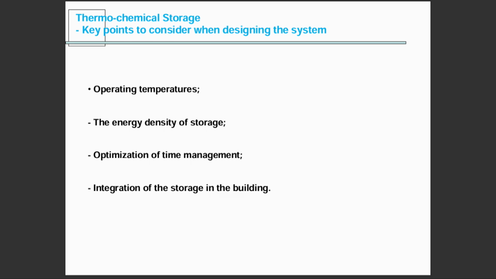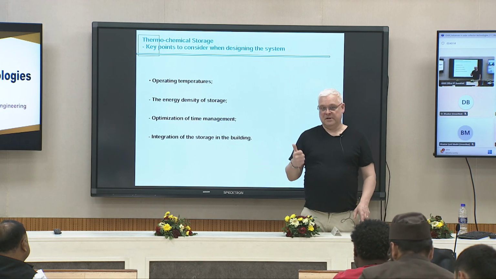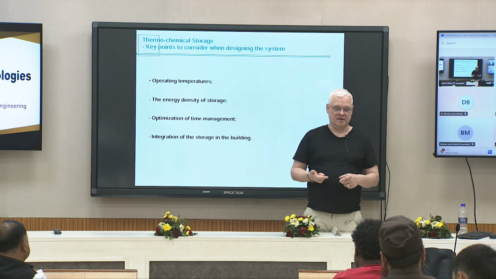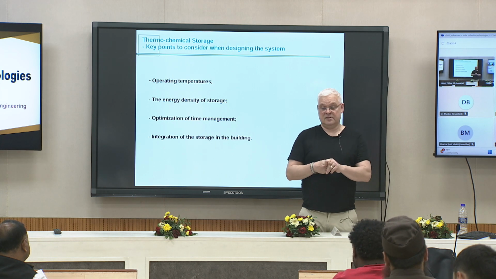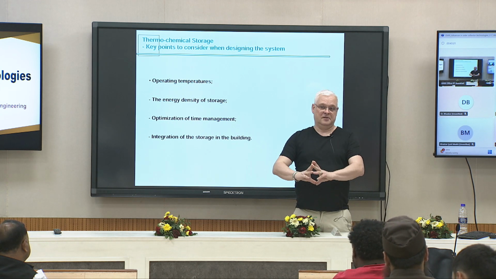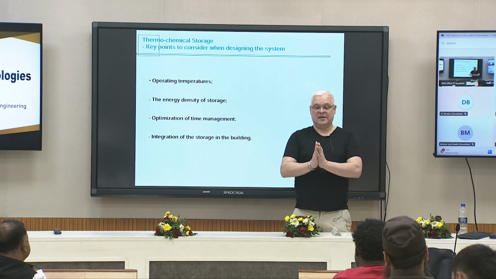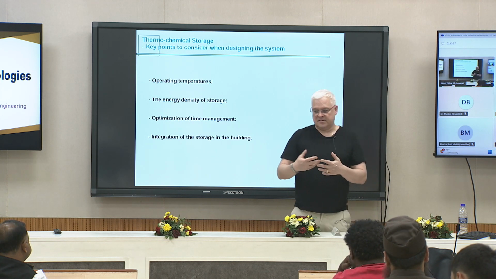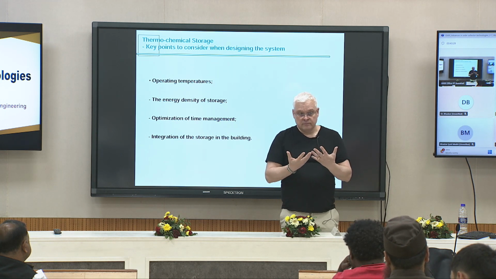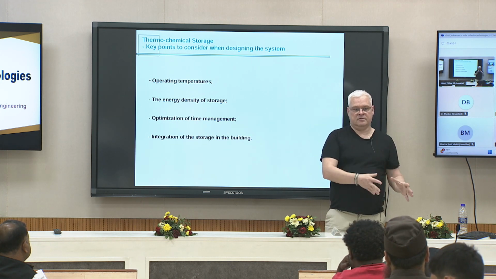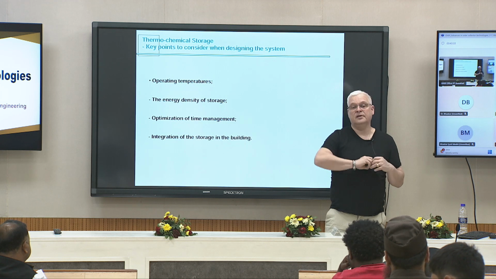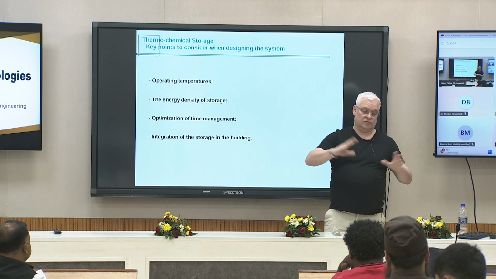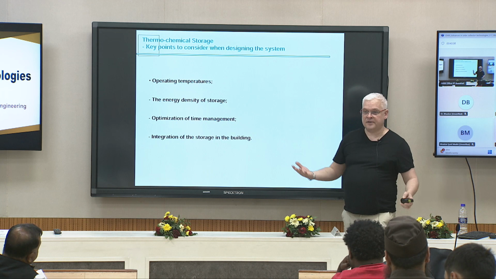That means that a lot of things are possible, but not in the building, because you are living in the building, and it is necessary to have a safe system. If there is a leak, it has not to be dangerous for you. And if there is a fire, it has also not to enhance the fire effect.